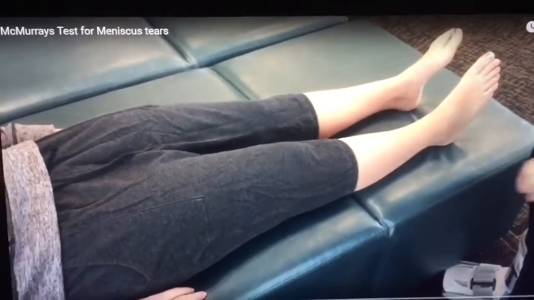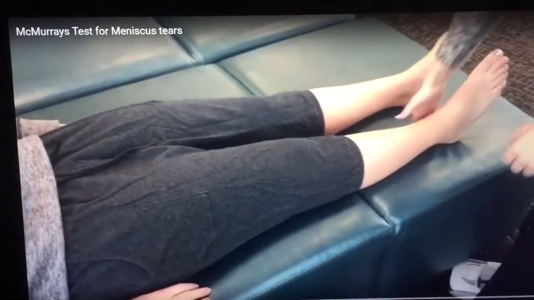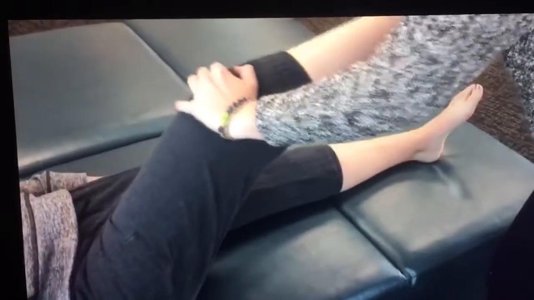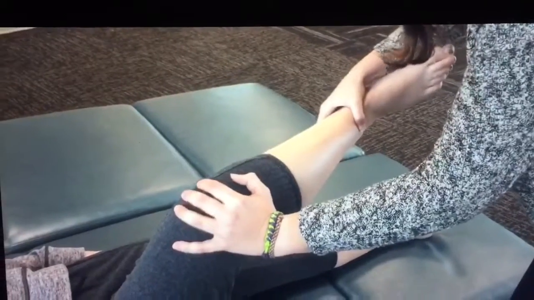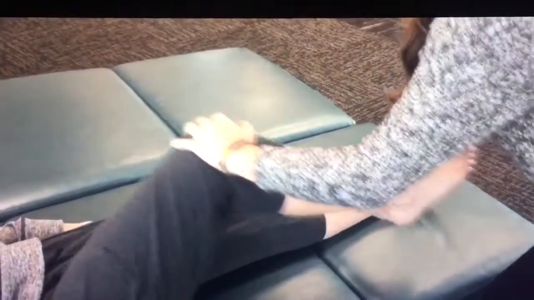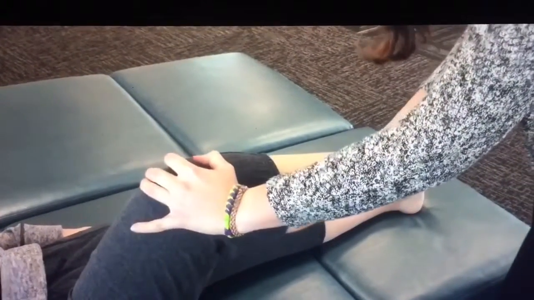This is the Clarke's test for meniscal lesions and tears. Take the patient by the foot, have them relax, and then have them move up. You're going to have them internally rotate their leg and externally rotate either way, and then have them move their knee in a figure 8 motion, in and out, while you do the inversion or eversion.